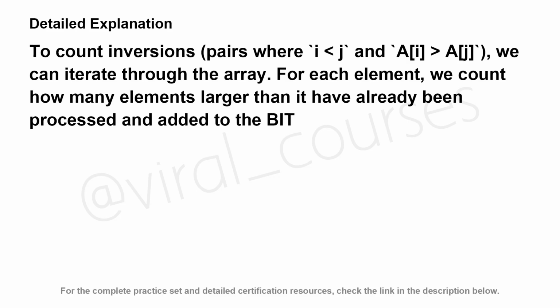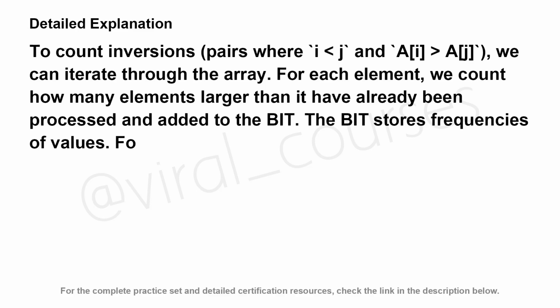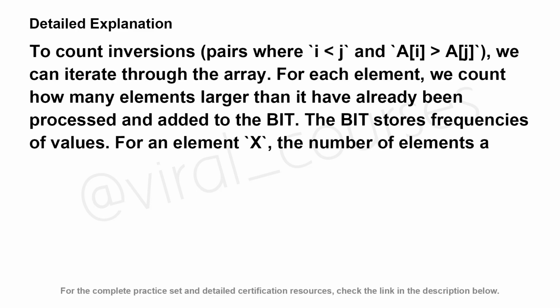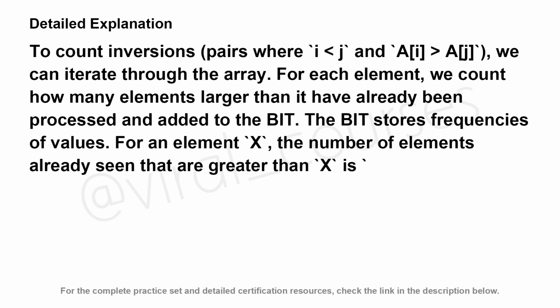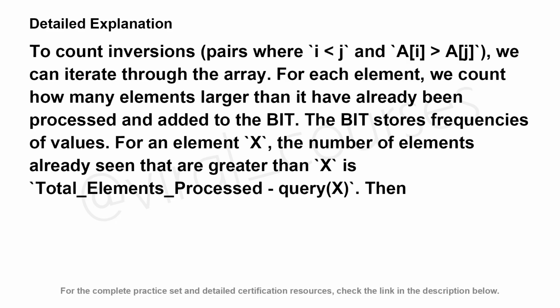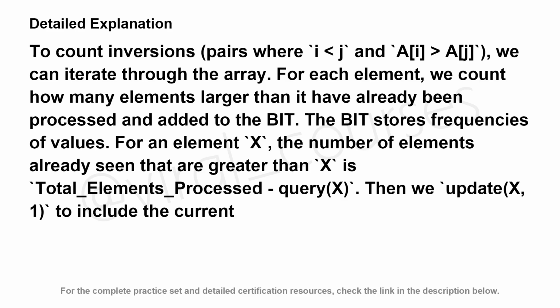The BIT stores frequencies of values. For an element x, the number of elements already seen that are greater than x is the total elements processed minus query(x), then we update(x, 1) to include the current element.